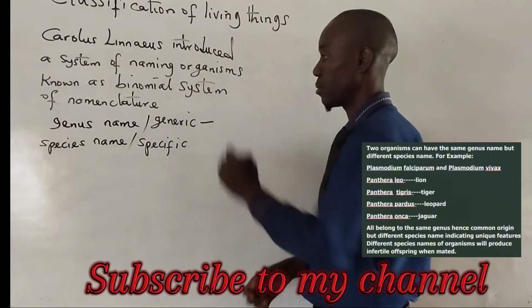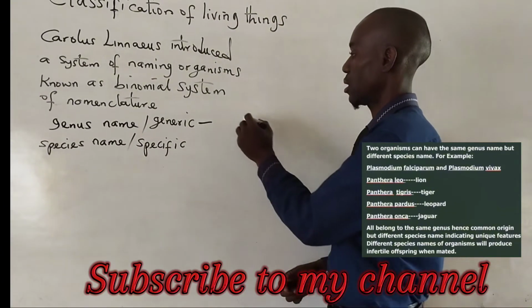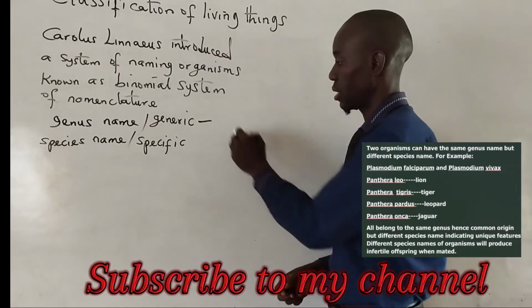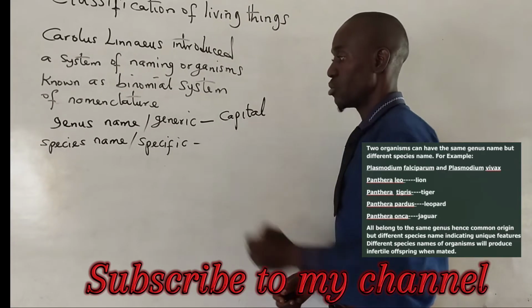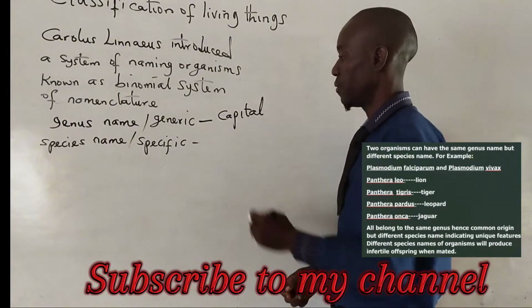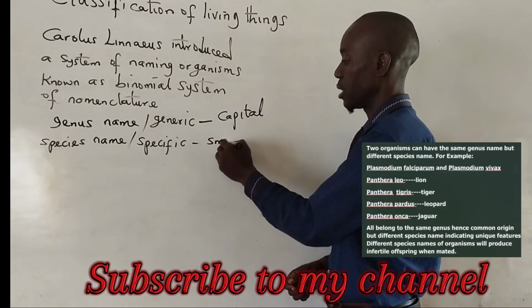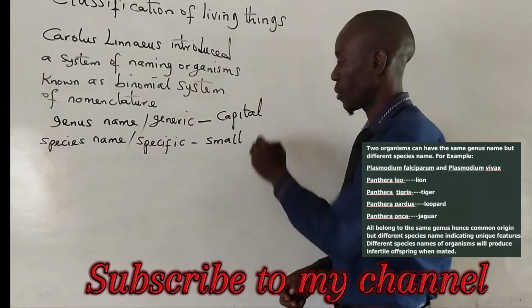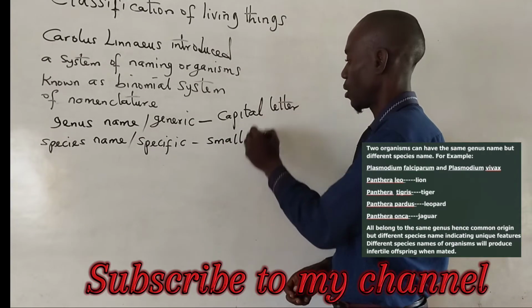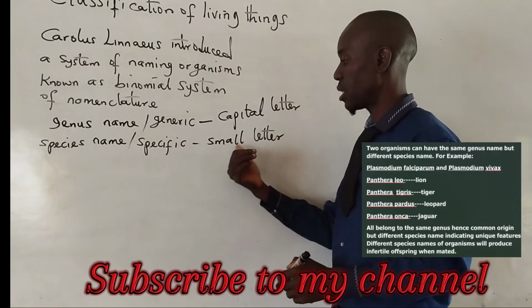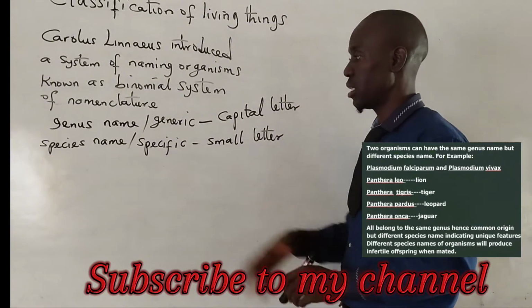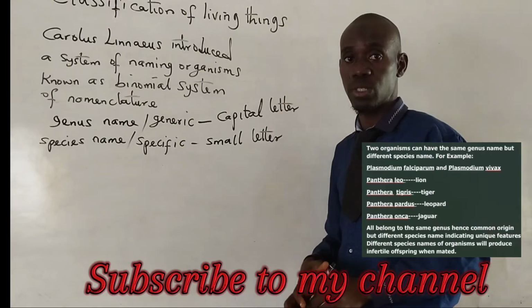The generic name starts with a capital letter. To write a specific name, the first letter starts with a small letter. The specific name starts in small letter. The generic name starts in capital letter.